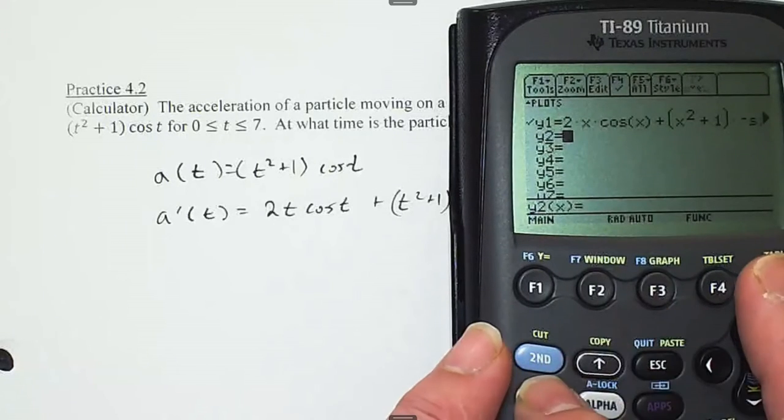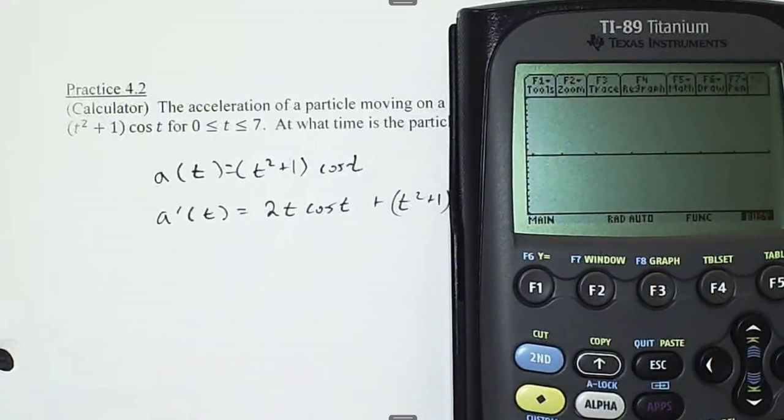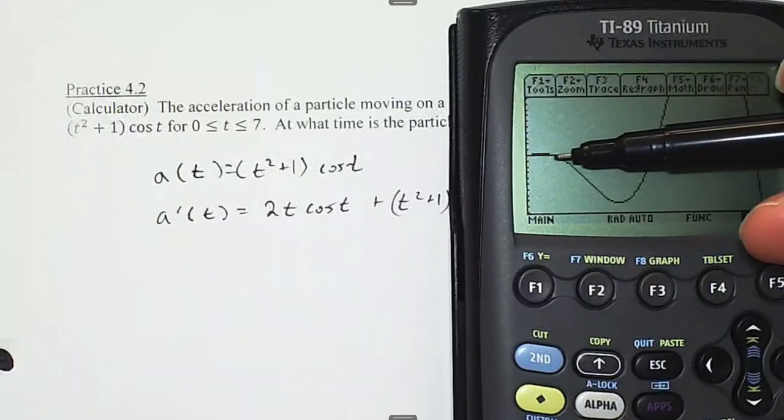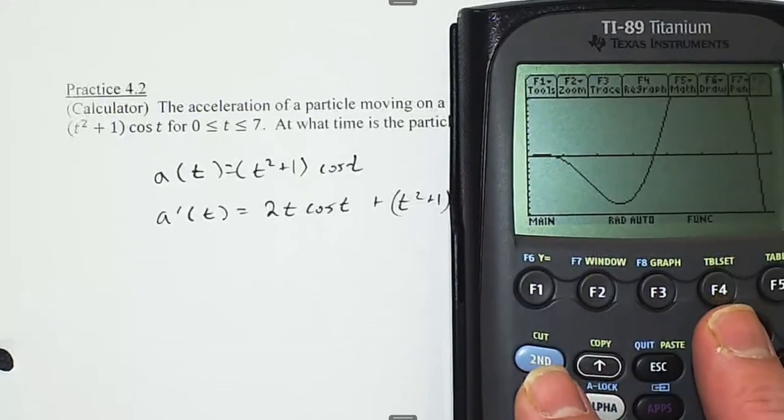We're looking from 0 to 7, so I'll set my bounds there. And we'll see if we can't find places where this crosses the x-axis. So there looks to be a couple of them. One there and one there. Oh, wait. Hold the phone. There's now a third. Okay.